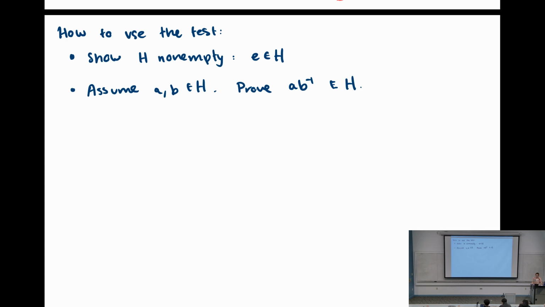Okay, so let's see an example. I'm going to let G be an abelian group, so I can commute the elements.